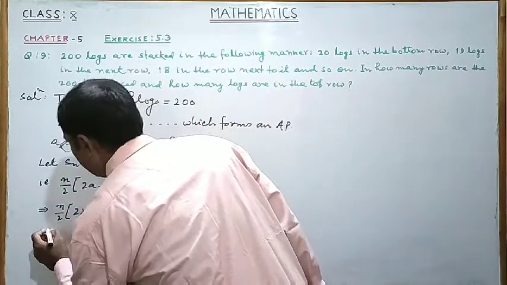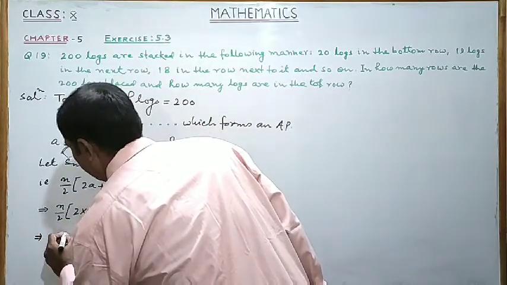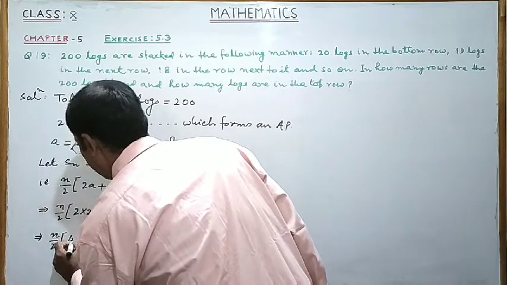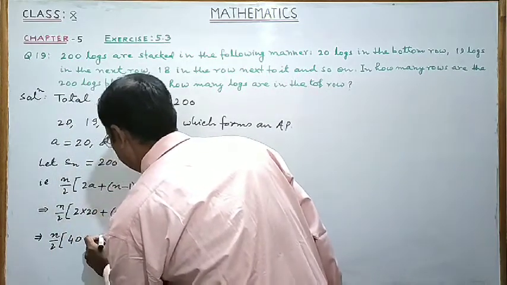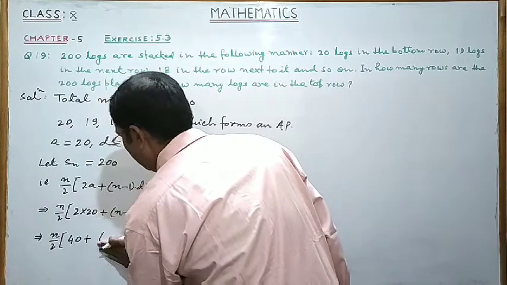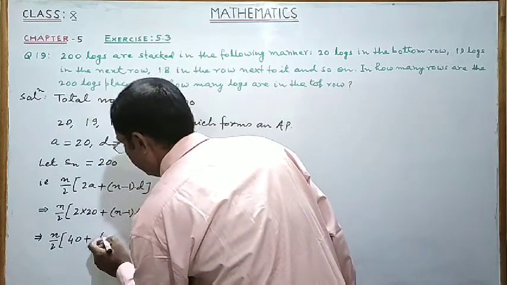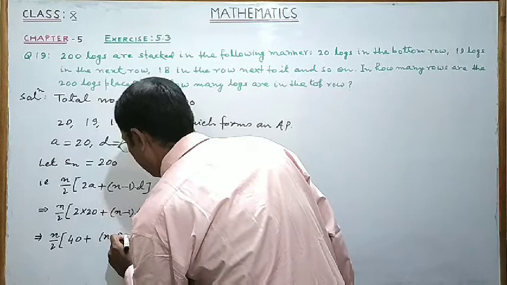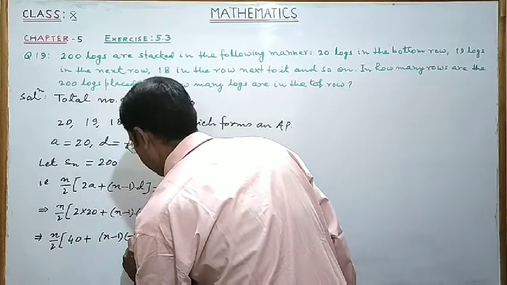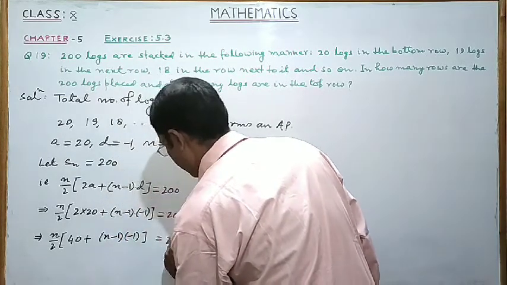Now solving this, we have n by 2 into 40 plus n minus 1 into -1 equal to 200.